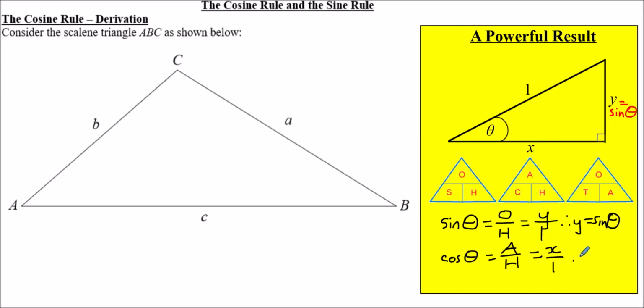So in other words, x is cos theta. So I'm just going to label this here, x equals cos theta. So why bother with this? So if I just take this and give myself some more space down here and think about using Pythagoras now.